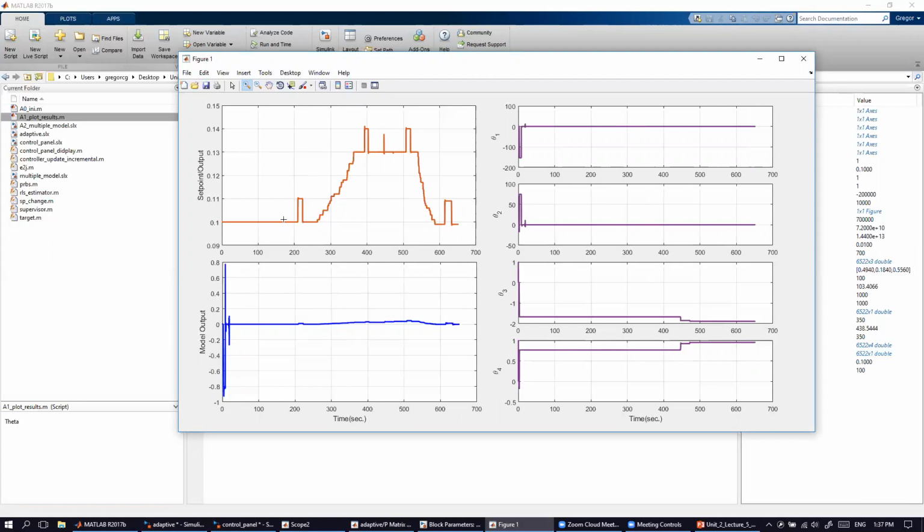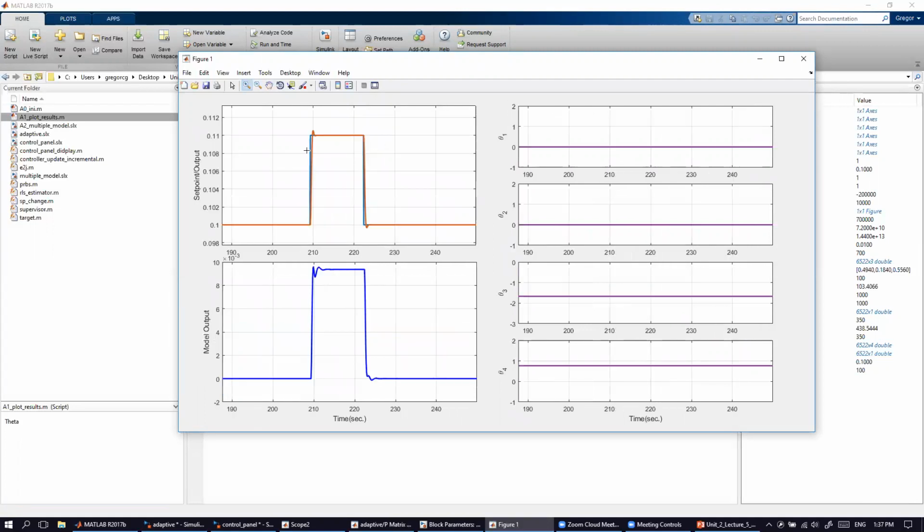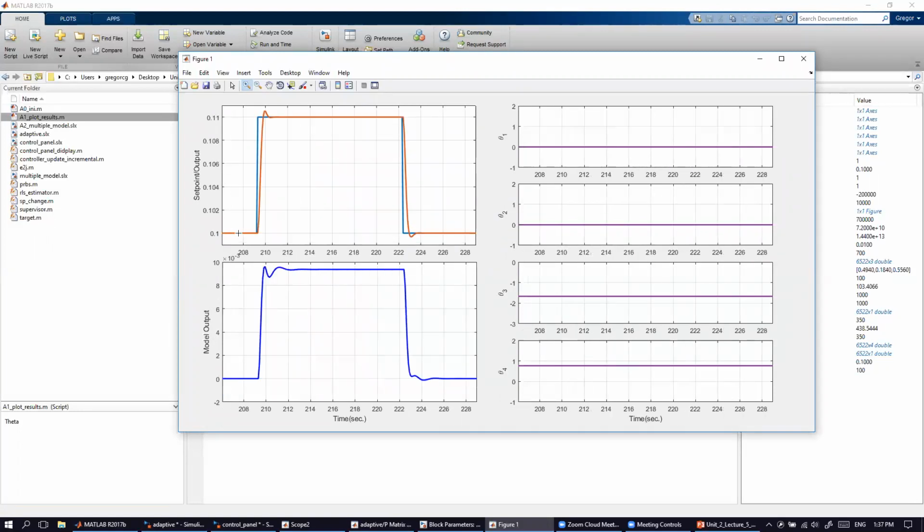Then we stopped the controller tuning and did the step test on the low operating point. Now, since the controller is really nicely tuned, we get the response with a little bit of overshoot. This response has been defined in advance, so we would like to have that kind of response.